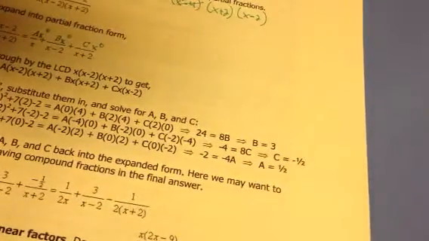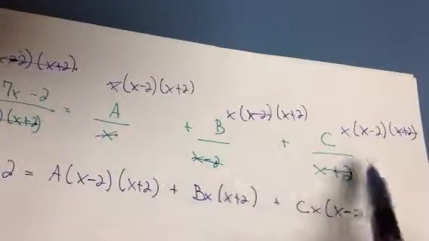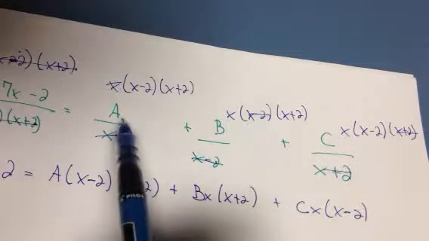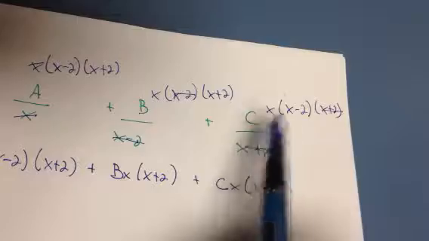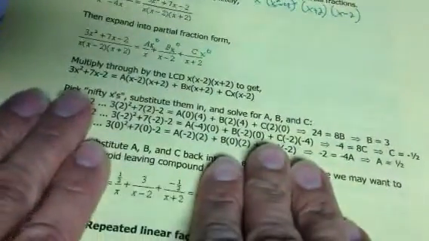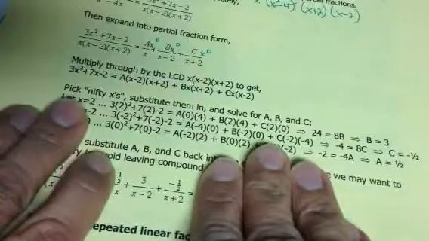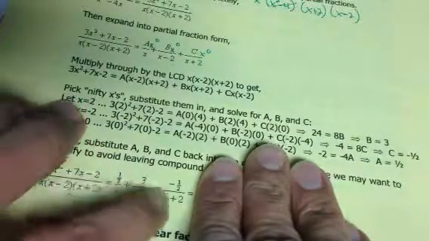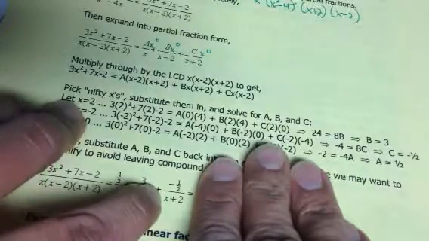And then she just goes back to her original problem, up here, and she puts her 1/2 in for A, she puts her 3 in for B, and she puts her -1/2 in for C. So that's what she does here. The only thing that she does is, you don't have a fraction like this, she just moves the 2 down to the denominator and the 2 down here in the denominator.